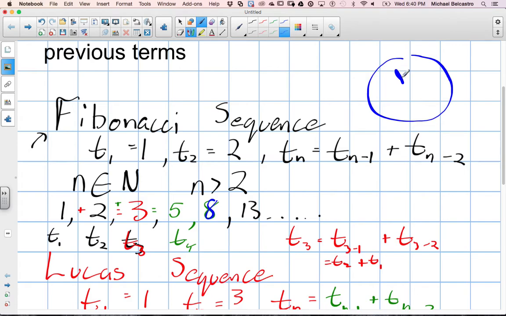Or it might be more the golden ratio that this idea happens with. If this is a value of 1, then this one here is like 1.69 or whatever, and this deals with the golden ratio. But these patterns occur commonly in nature.